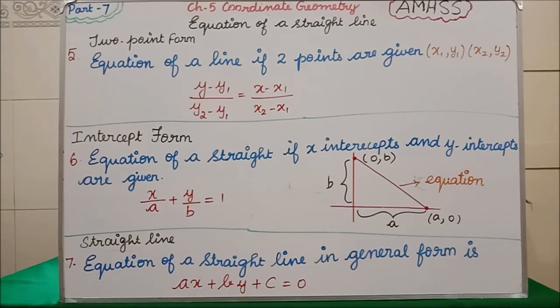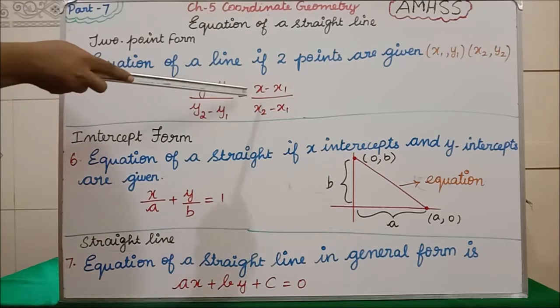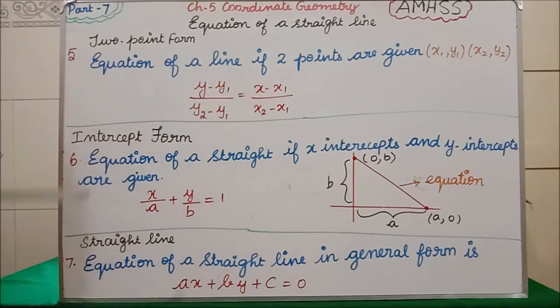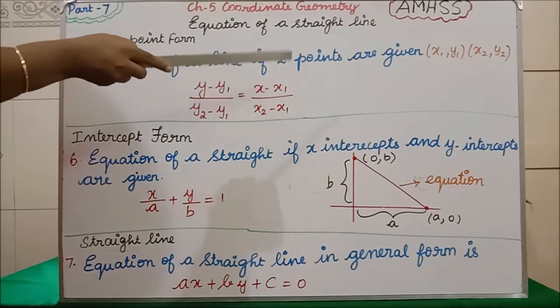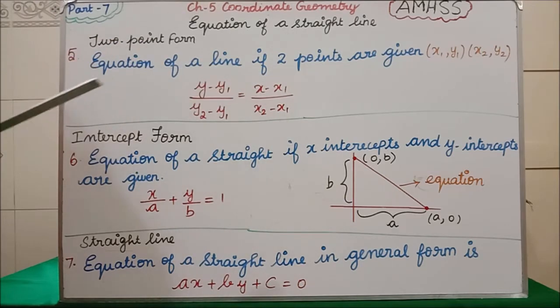If two points are given and they ask us to frame the equation, what formula will you use? (y minus y1) divided by (y2 minus y1) equals (x minus x1) divided by (x2 minus x1). You have to use this formula when two points are given and they ask us to frame the straight line equation.